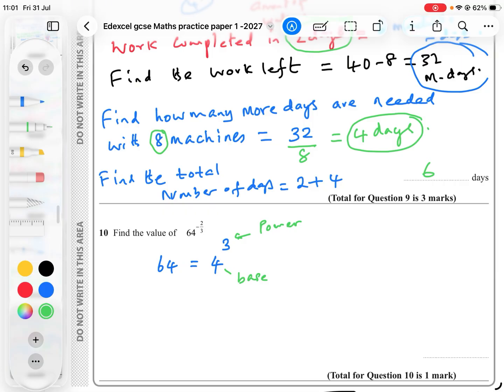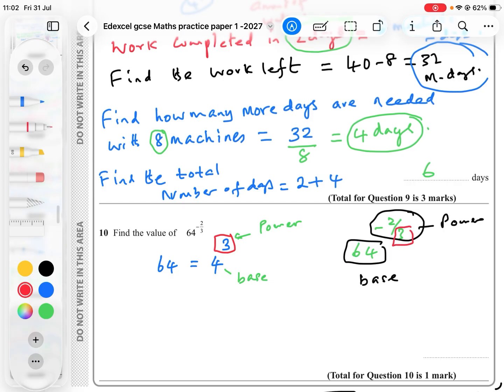So when you look at the question, 64 to the power minus 2 over 3, in this case, this is base, and this one is the power. When you write 64 as 4 to the power 3, this 3 and this denominator, when you multiply, cancel out.